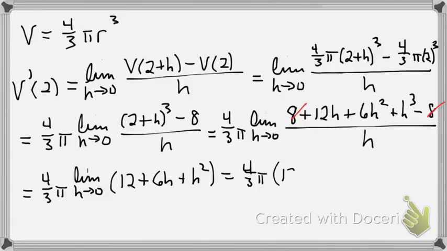So it's 4/3 pi times 12 plus 0 plus 0, if I plug in 0 for h, which winds up being 16 pi. Now, geometrically, this is the slope of the curve, which is positive, which means increasing. In terms of the physical application, what is the volume of this ball doing? It is increasing.